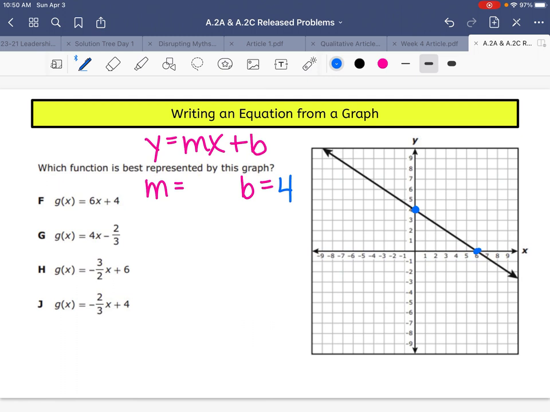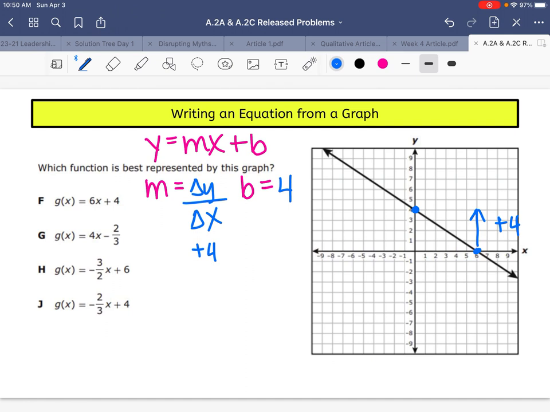So I'm going to find the change in y and put it over the change in x. The change in y is my vertical change. So I notice I went from 0 up to 4. So I've increased by 4. So my change in y was a positive 4.